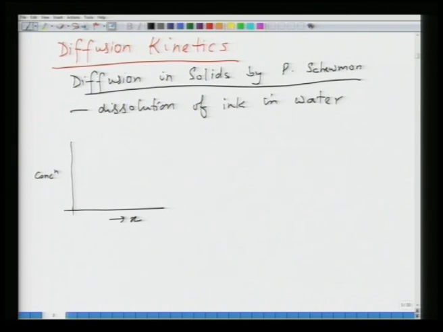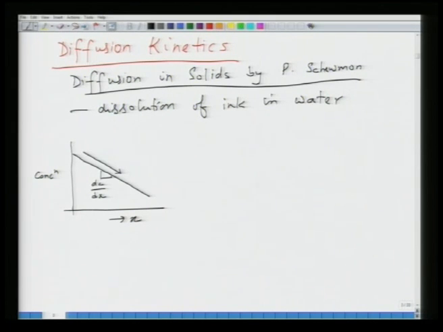So, let us say you have a concentration gradient like this, and this concentration gradient is dC by dx. Naturally, unless there are some other reasons, typically diffusion would occur in the direction of decreasing concentration. So, atoms from the regions of higher concentration will move towards the regions of lower concentration, and as a result you will have atomic flux.